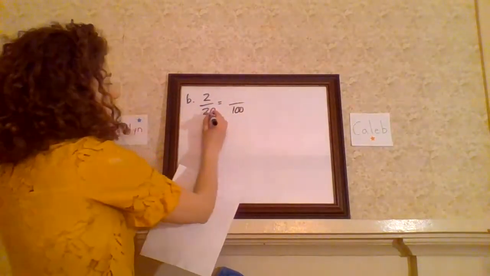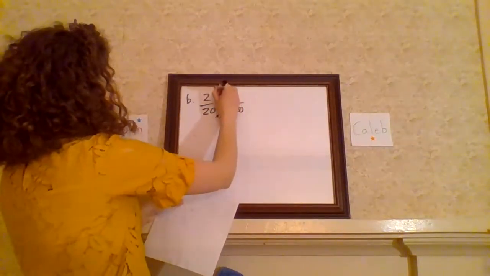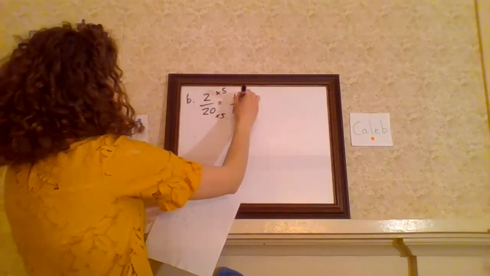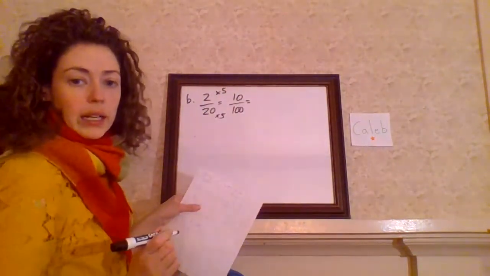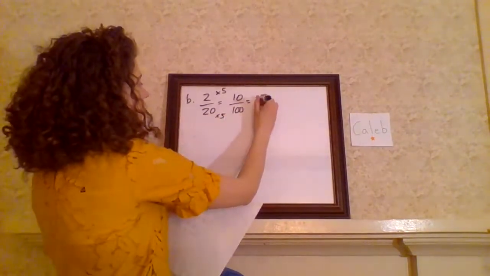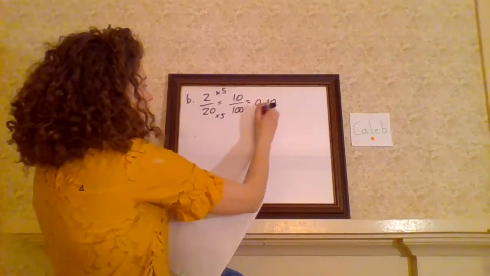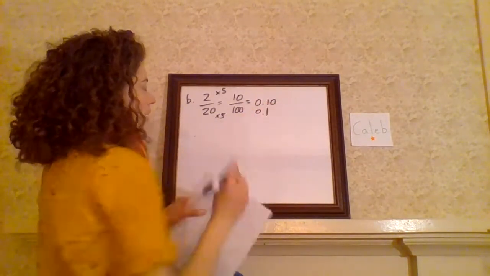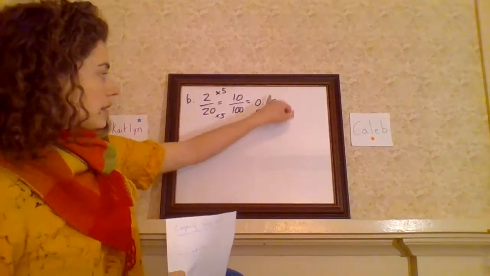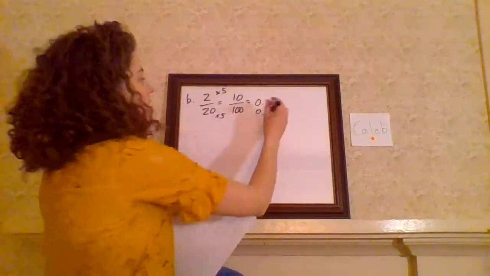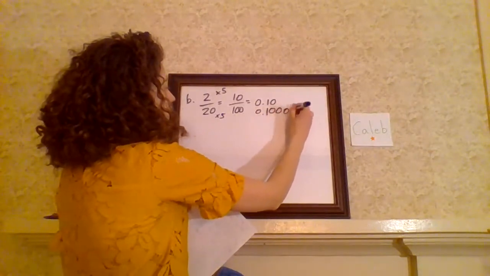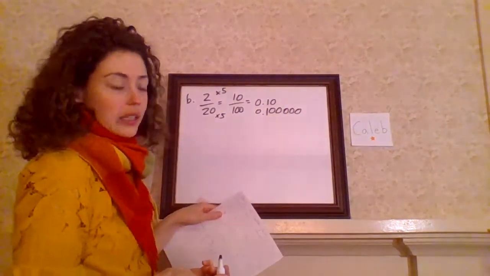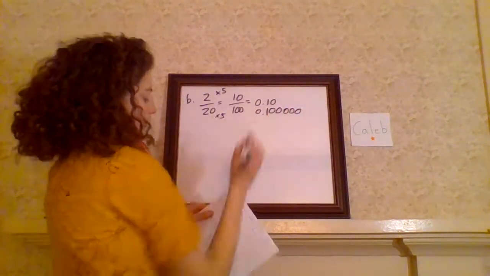So 20 times 5 will be 100. So 2 times 5 is 10. And then how do we write that as a decimal? So that will be 0.10 or 0.1. So those are the same numbers. Just like we could add a whole bunch of zeros to this, couldn't we? And that wouldn't really change the answer because of this decimal.